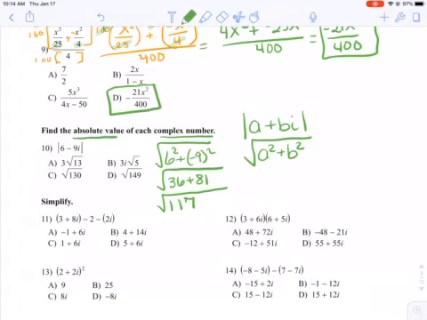So if we break 117 down, this will go 3, 39, and then 3, 13.